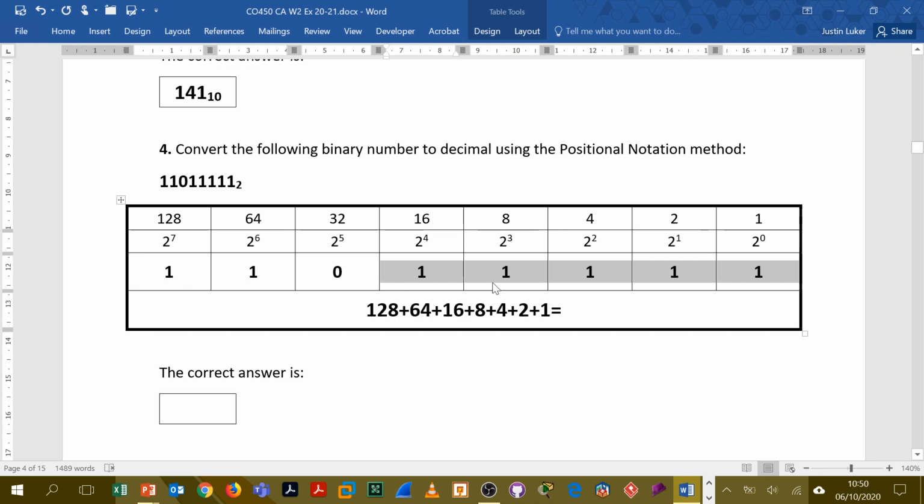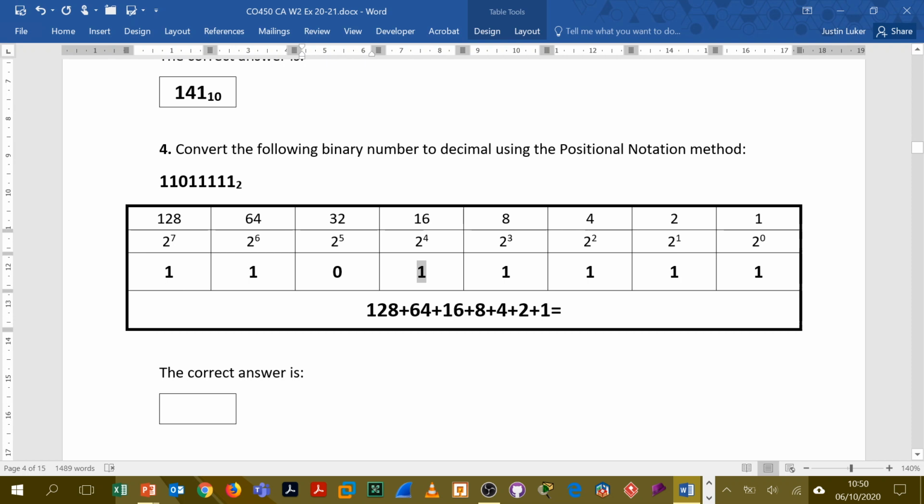The reason I know it's 31 is because the next power on is 32. And you'll find that when you add up all the powers up to that point, it's always one less than the next base power onwards.